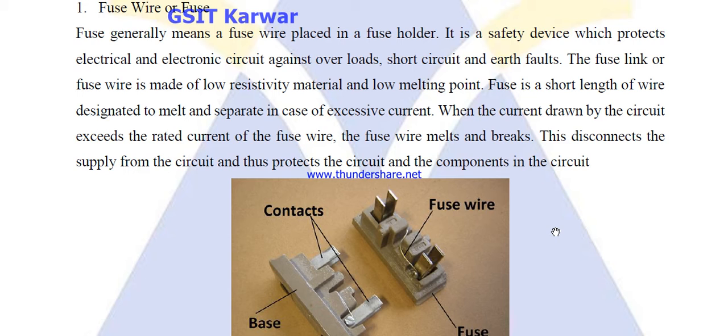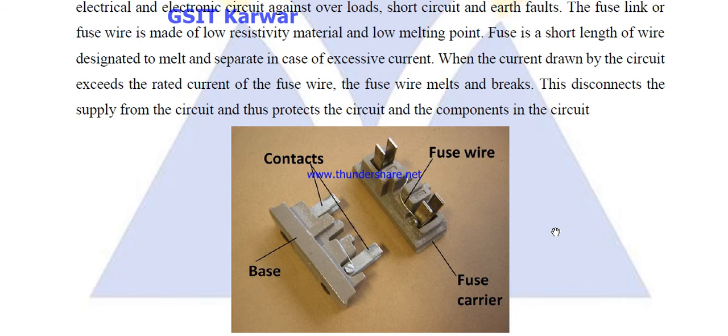When the current drawn by the circuit exceeds the rated current of the fuse wire, the fuse wire melts and breaks. This disconnects the supply from the circuit and thus protects the circuit and the components in the circuit. You can observe the figure given here, the fuse photo.